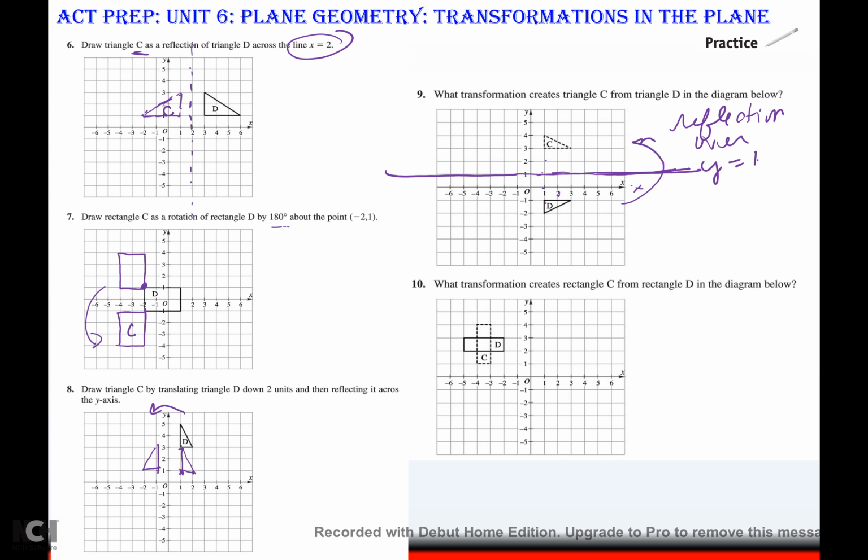Okay? And number 10, what transformation creates rectangle C from rectangle D in the diagram below? Well, from D, it rotated up, and then it rotated this way, and then it rotated this way. I would have said that it rotated 90, 180, 270 degrees around this point, or around this point right here in the center, actually.